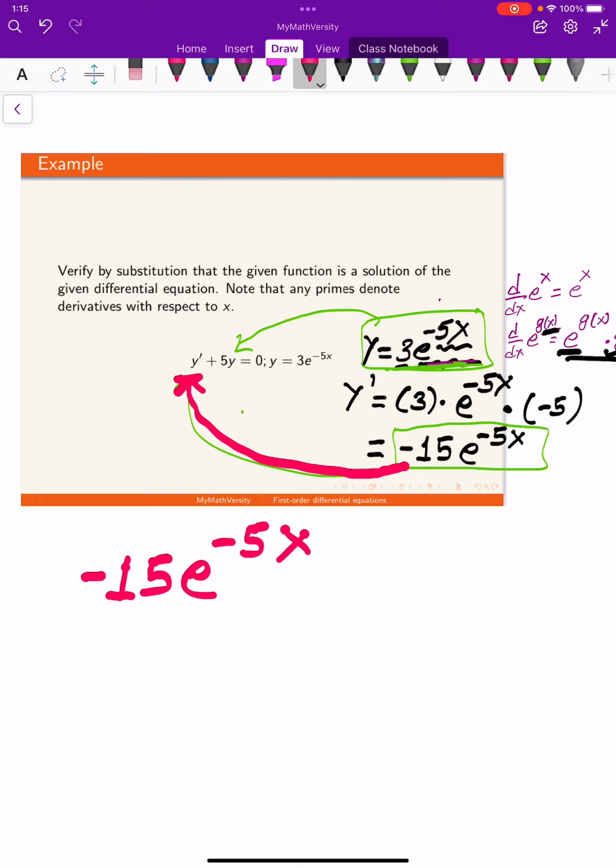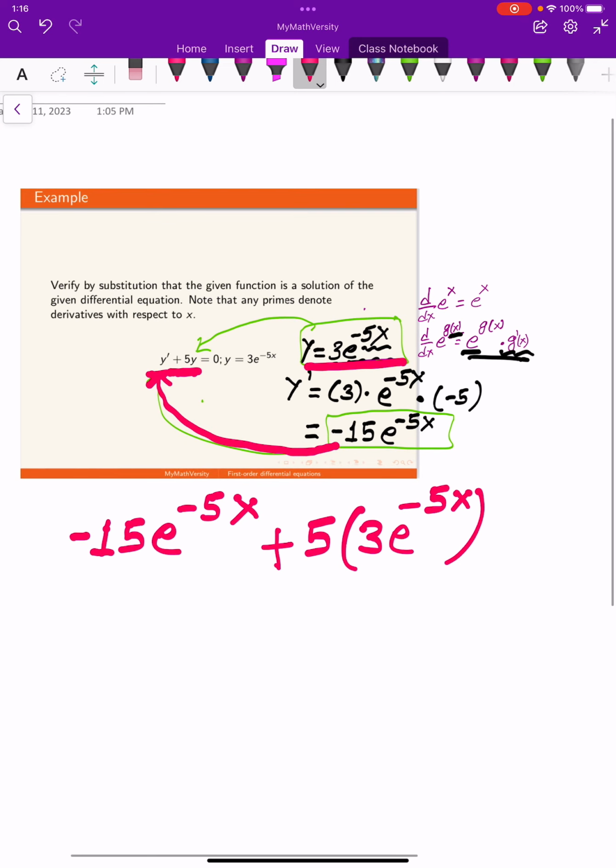Then plus 5 times y, and y is 3 times e to the power negative 5x.